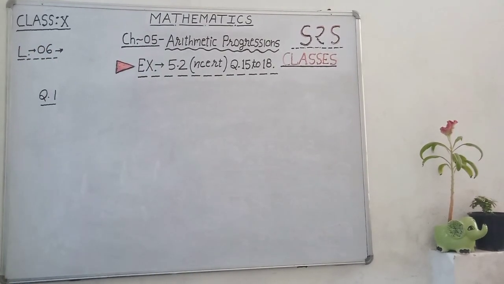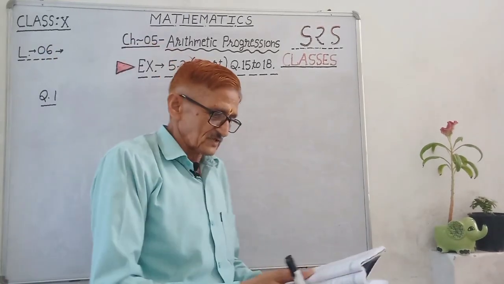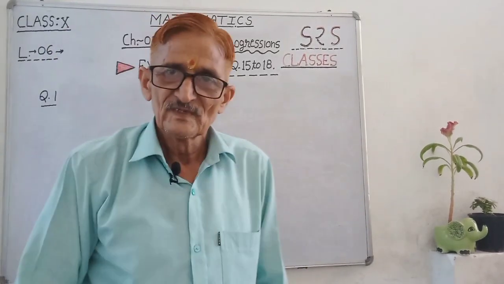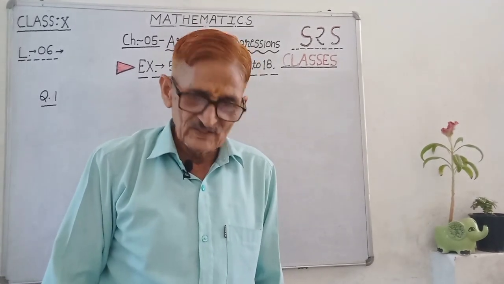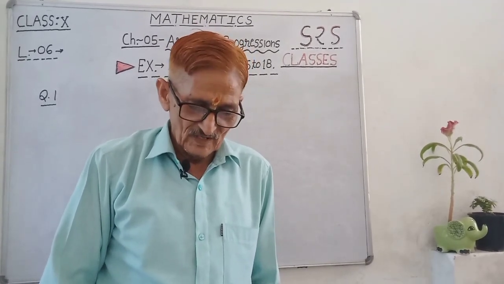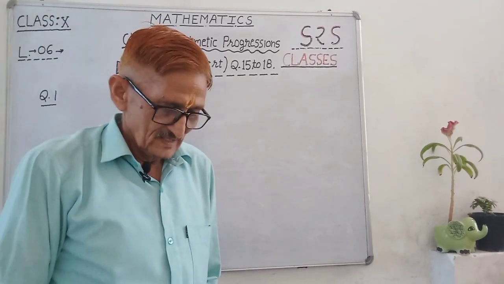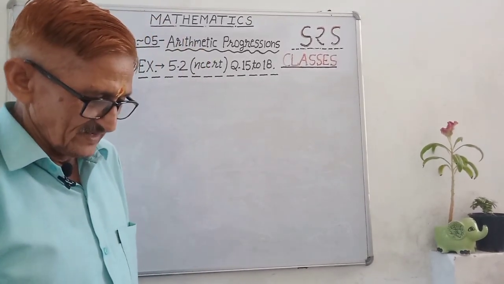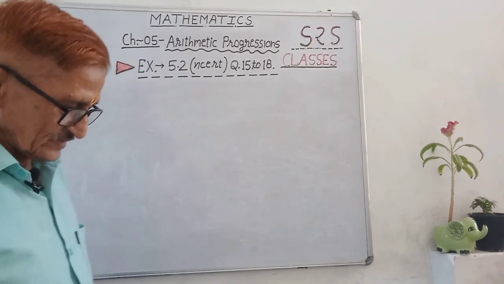Question number 16, determine the AP whose third term is 16 and the seventh term exceeds the fifth term by 12. Okay, two conditions are given in question 16. Third term value given 16.